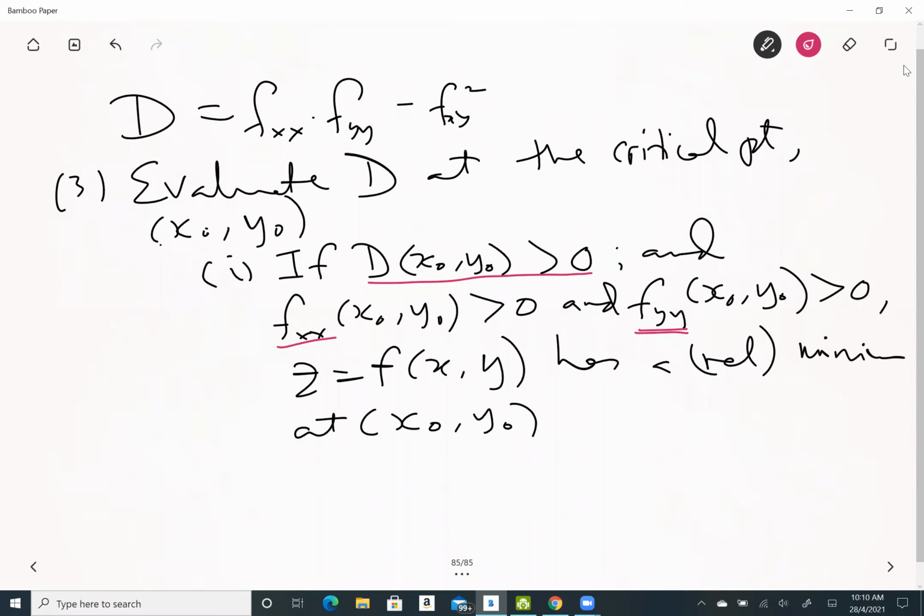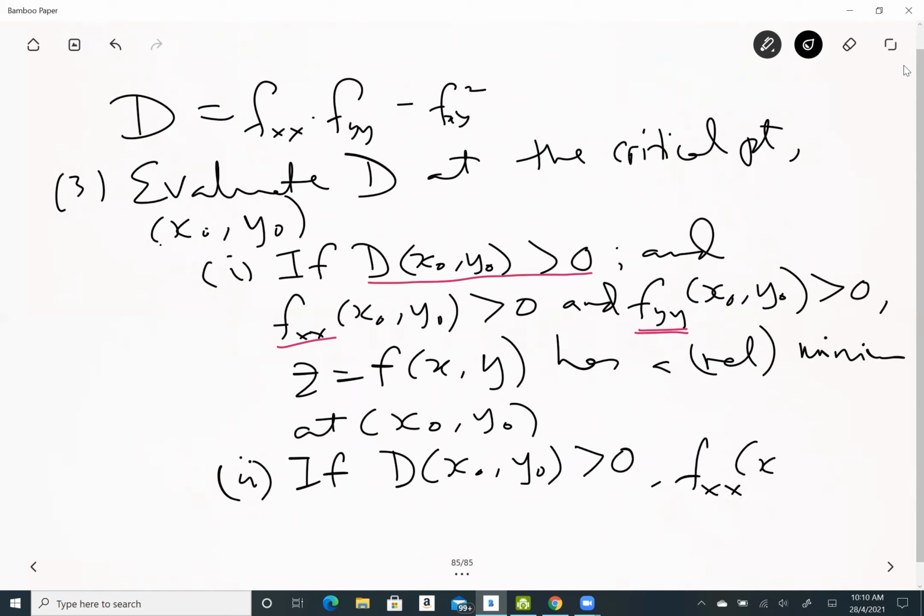Now, case number two. You have also the case where D at x0, y0 is positive, fxx at x0, y0 is now negative, and then fyy at x0, y0 is also negative.